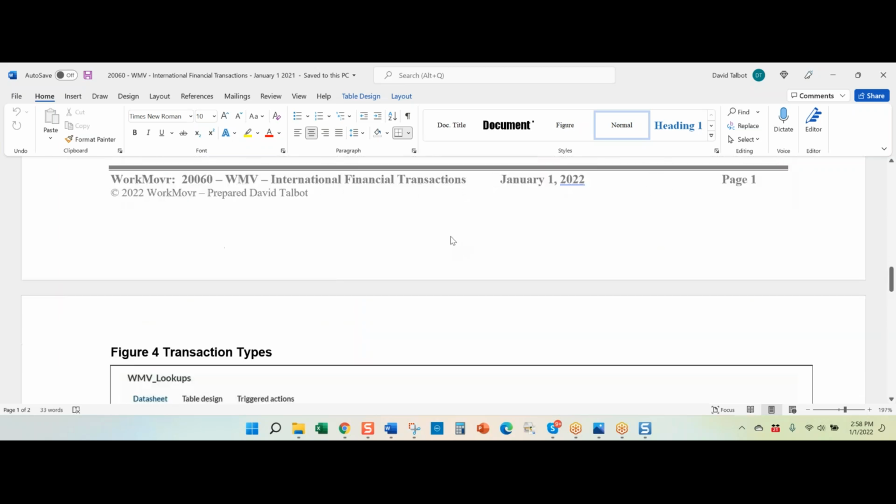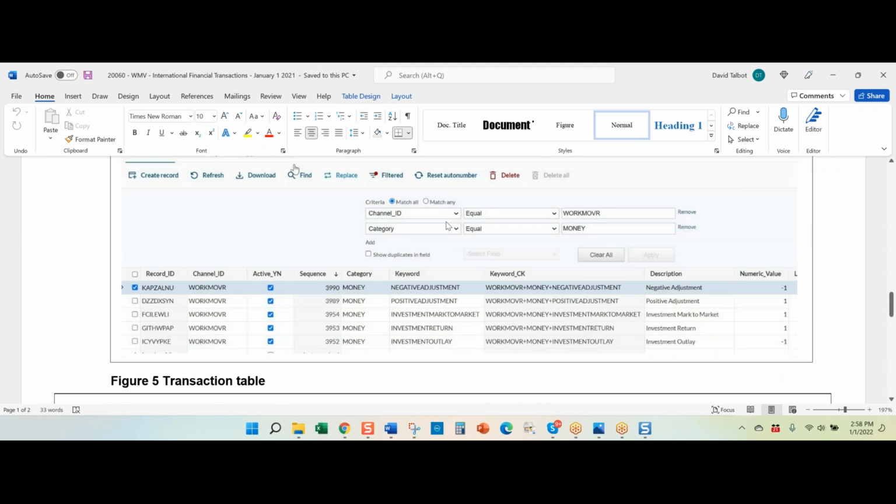To make data entry a little bit easier, in the transaction types you choose a transaction type, and whether it's a positive or negative transaction is set up in the template, so you're not confused about it.